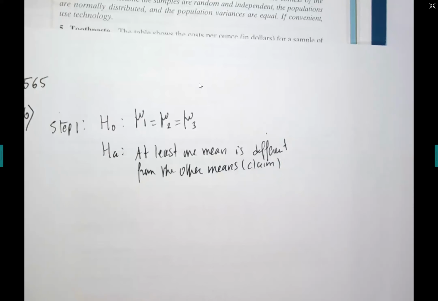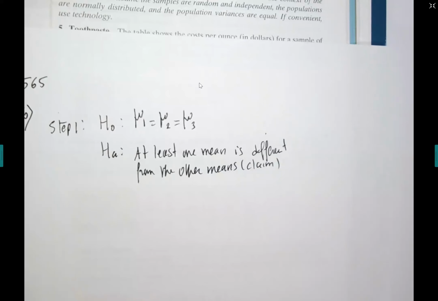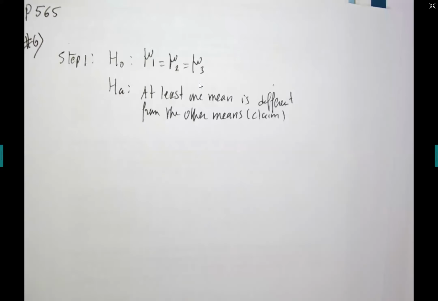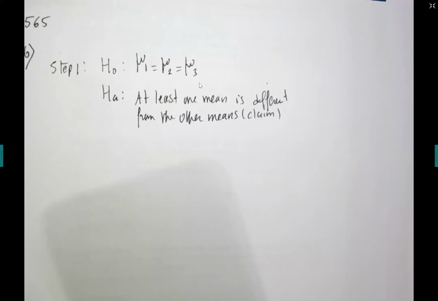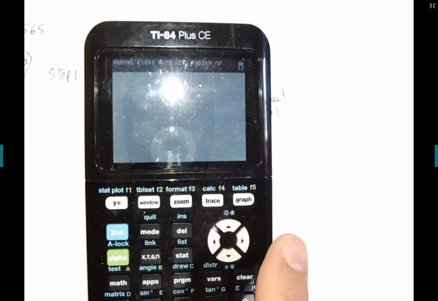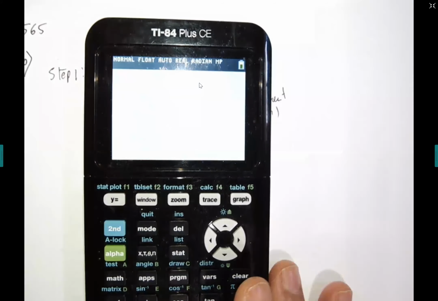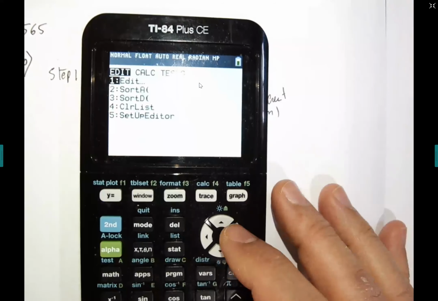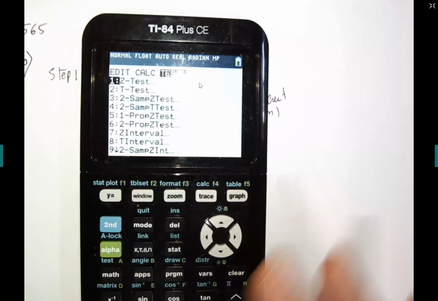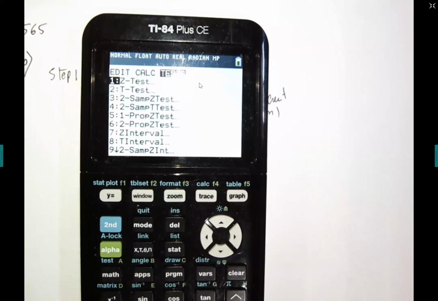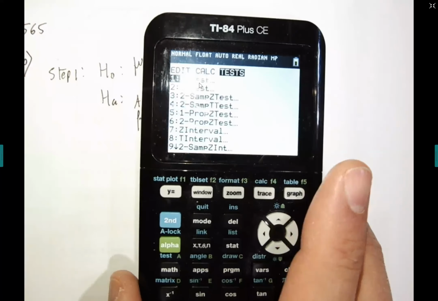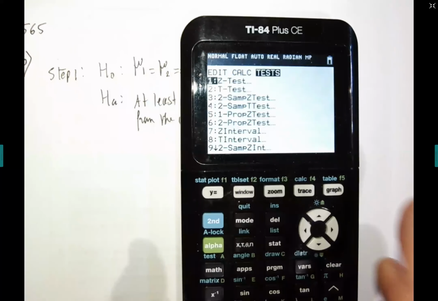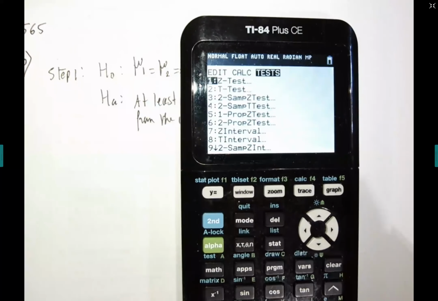All right, and that's all I have to do by hand. Now watch the calculator performing the work. I'm not going to do the critical value approach for this. It's just a p-value. And you guys, you're going to like how straightforward this is. So you go to Tests, and then scroll up.